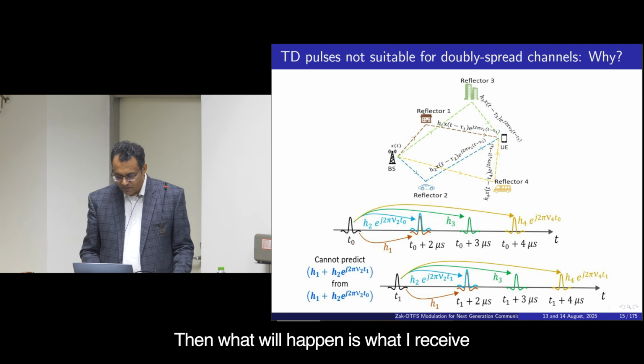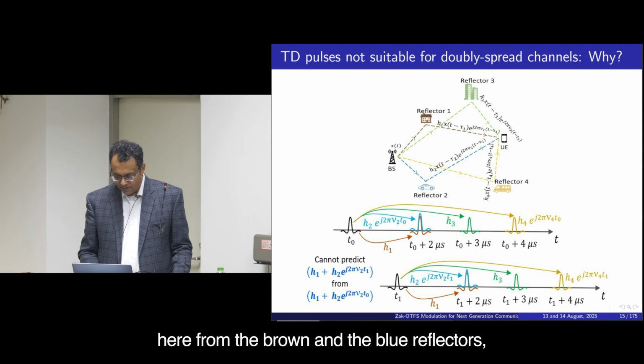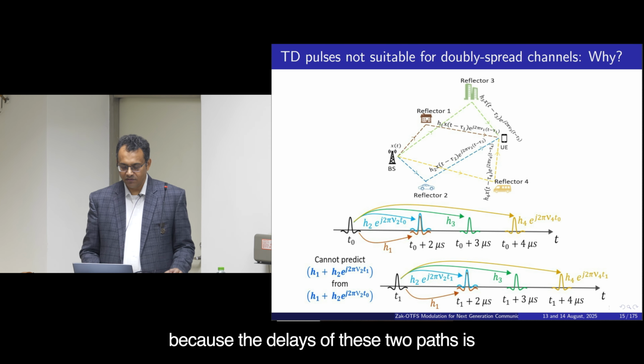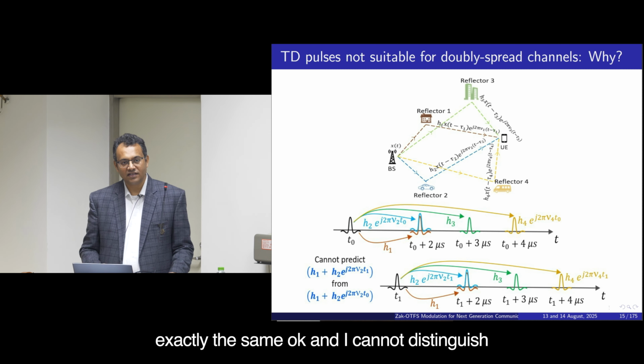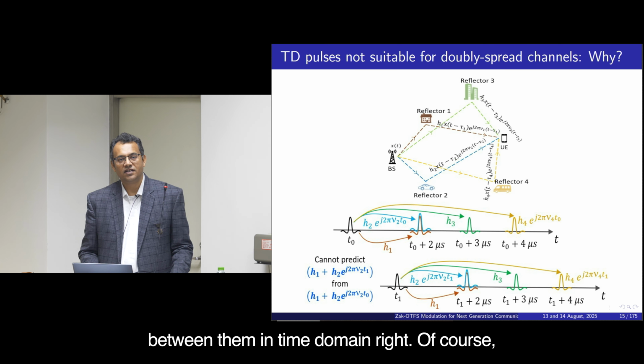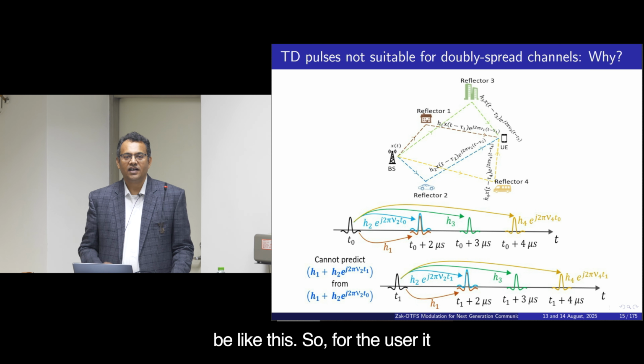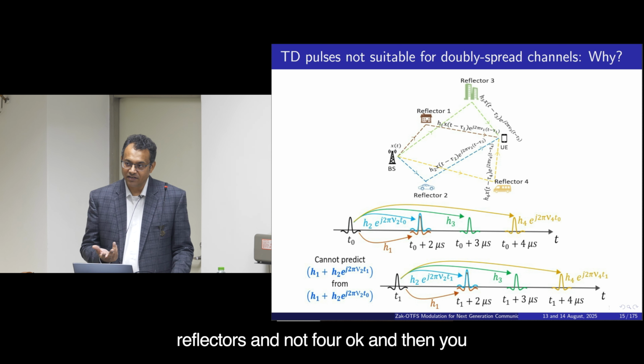Then what I receive here from the brown and the blue reflectors will sit on top of each other because the delays of these 2 paths are exactly the same, okay? And I cannot distinguish between them in time domain, right? Of course, for the 3rd and 4th reflector it will be like this. So for the user it will appear as if there are only 3 reflectors and not 4, okay?